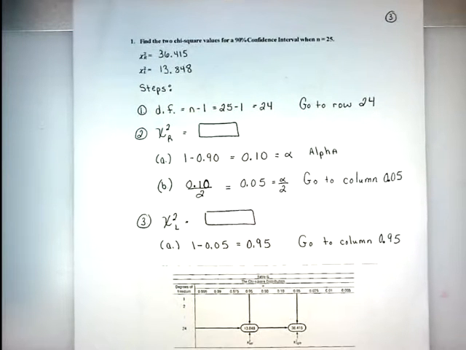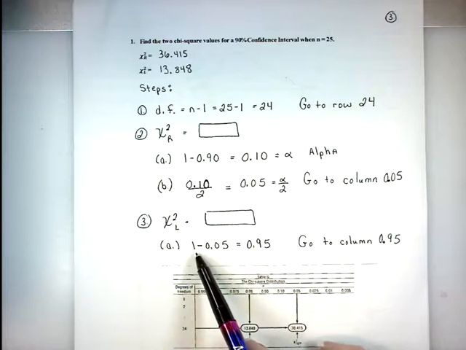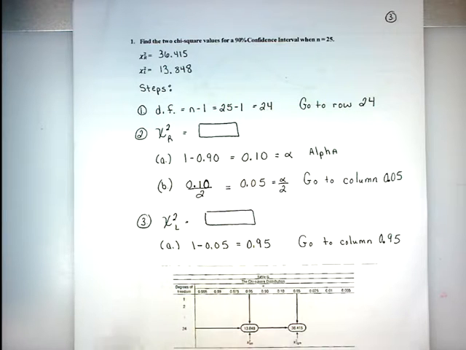Chi-square from the left, the column that you go to would be the total area under the curve minus the area of 0.05, which is the area in the left tail, is 5%, so that means the area above chi-square from the left is 95%.